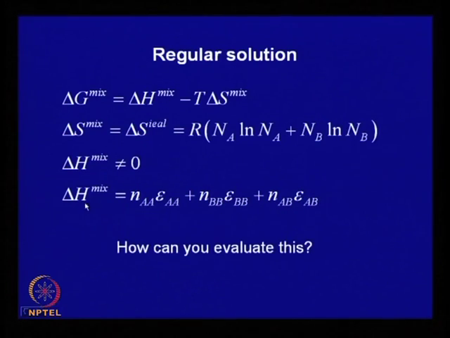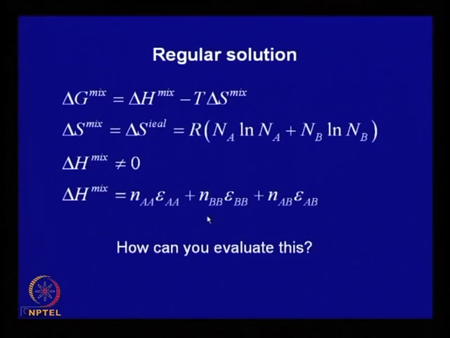And enthalpy of mixing is equal to the total bond energy, where N_AA represents the number of AA bonds, and this is the energy of each AA bond. So, this is how you can write the entire enthalpy of mixing.